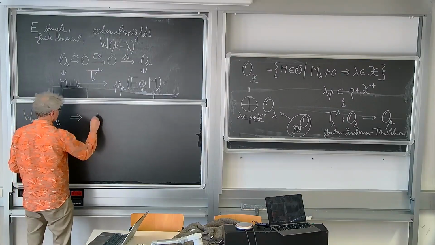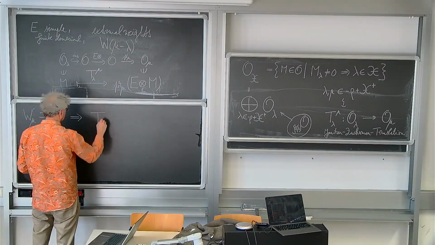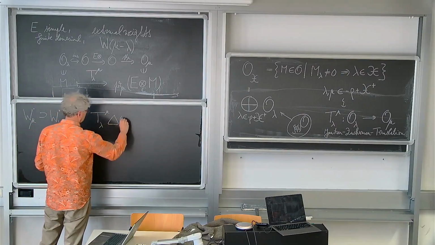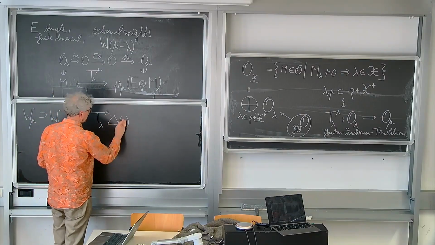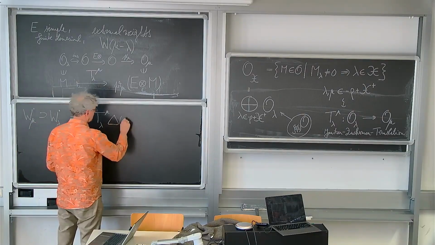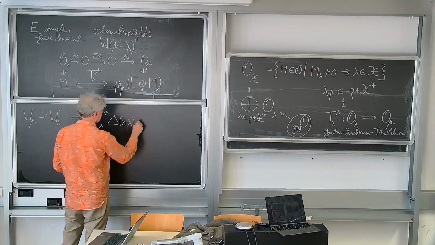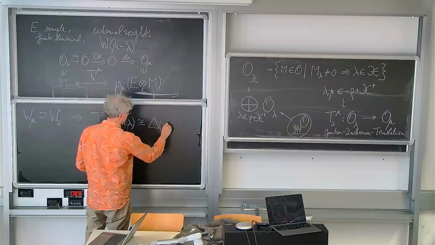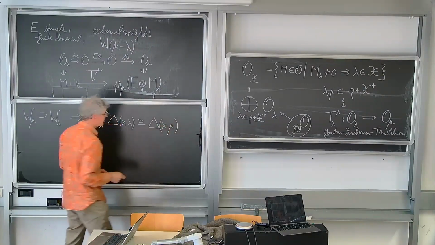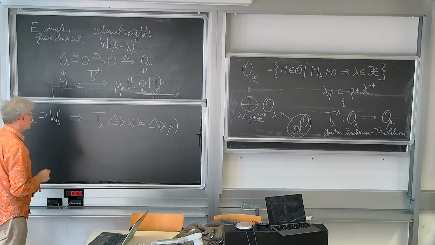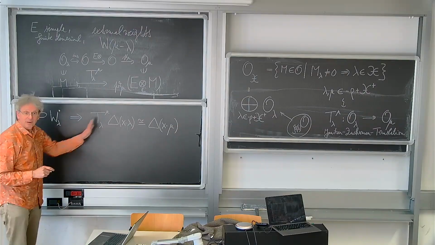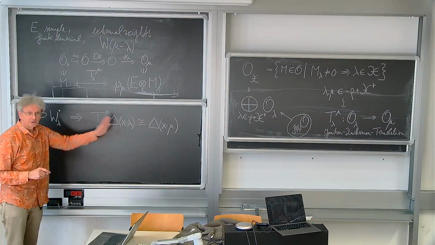then if I translate the Verma module, lambda x dot lambda, I get again a Verma module. Well, this is sort of the most important property. So let me try to explain why this is true.